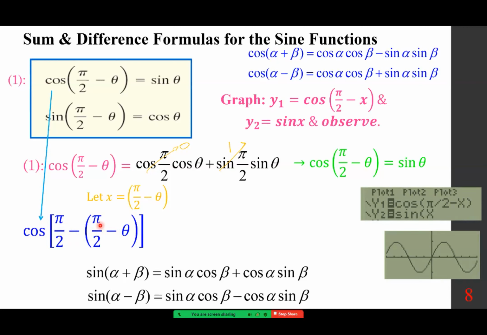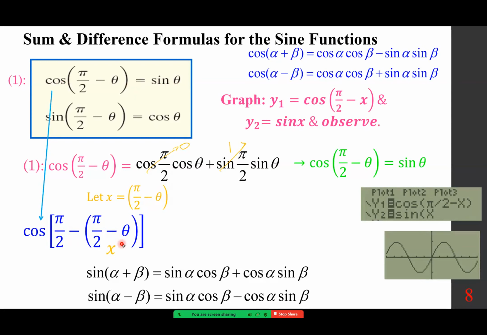So this is cosine of theta. But why am I writing it in this fashion? I'm going to call this x. Then it's sine of theta, right? If you look at this formula, it's sine of theta, which means sine of pi over 2 minus theta.